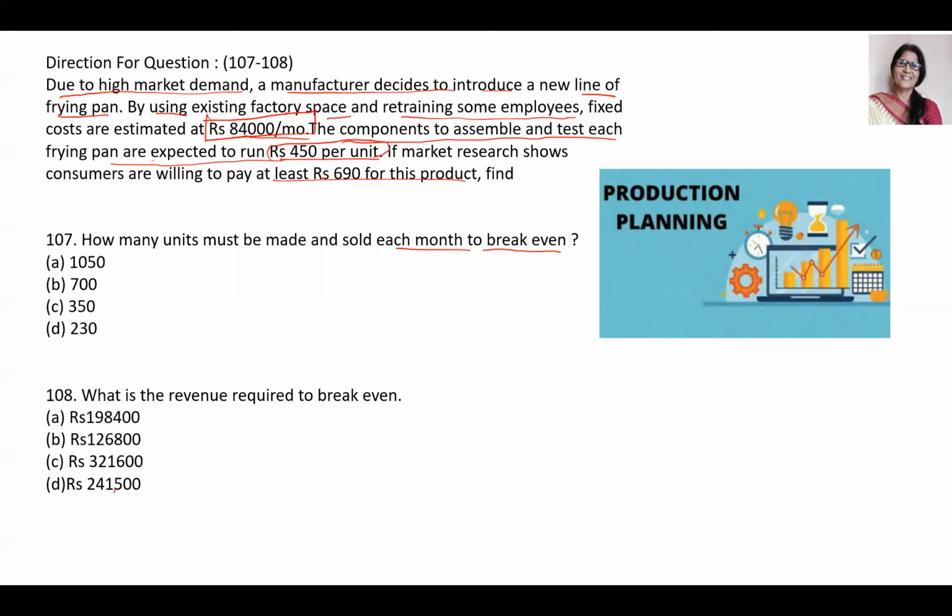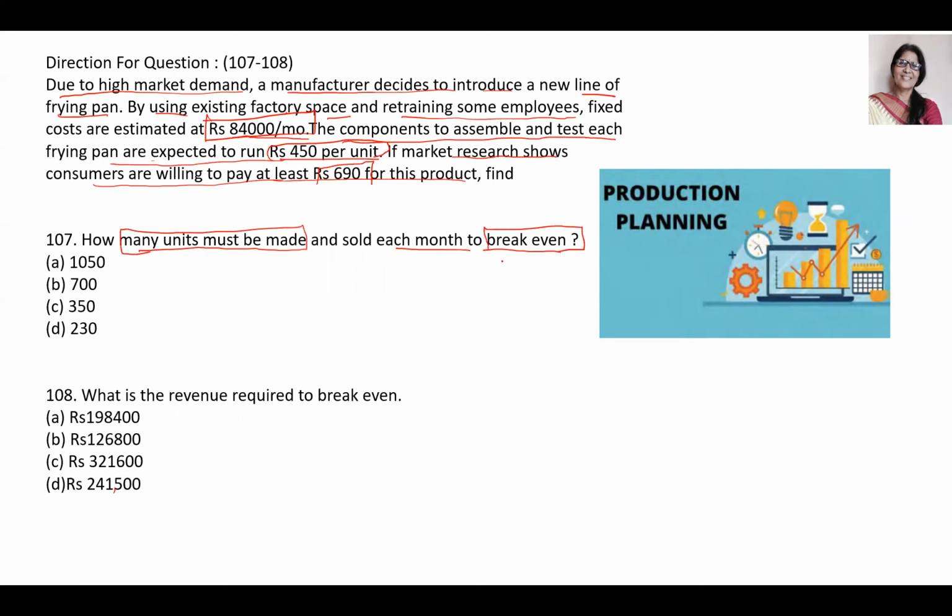For making one frying pan, the variable charge is 450. And market research shows that consumers are willing to pay at least 690 per pan. That means he can sell it at rupees 690 for each. Then the question is, how many frying pans should be made to break even?